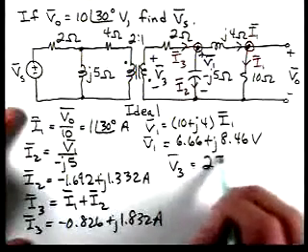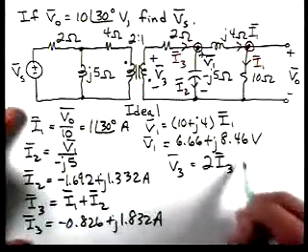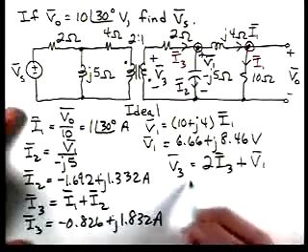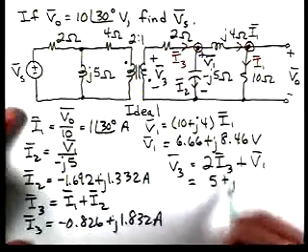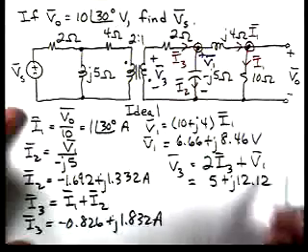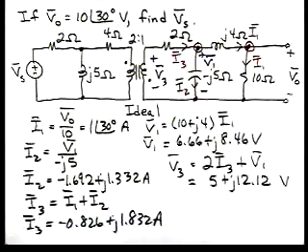V3 is 2 I3 plus V1, so it's equal to 5 plus J 12.12 volts. Okay. Now we're ready to go through and transform the currents and voltages through the ideal transformer.